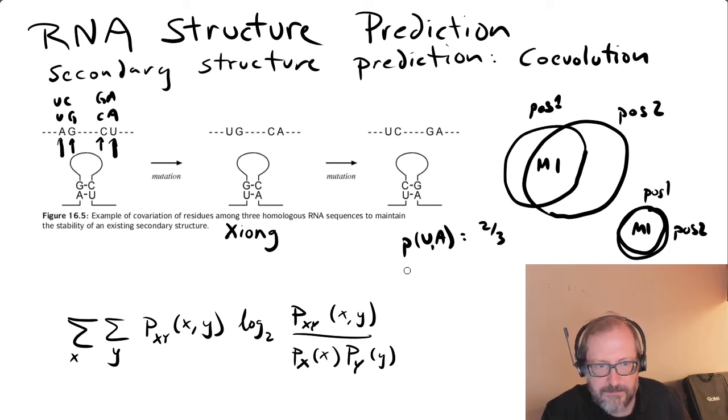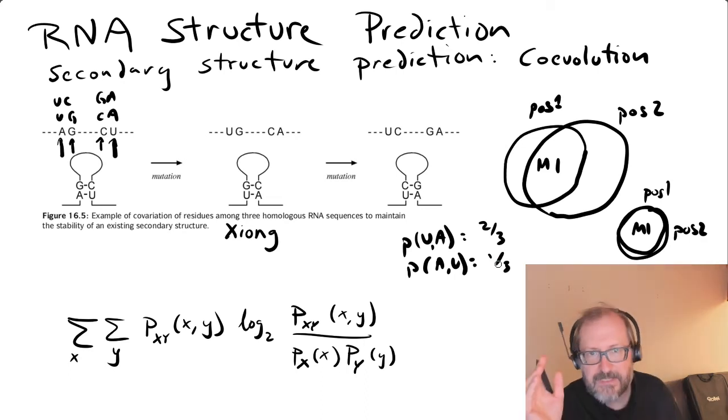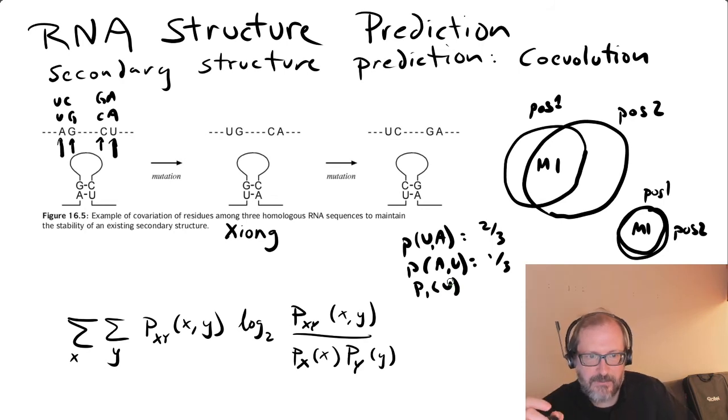And then P of A comma U, that's 1/3. And notice we don't do GC because we do this on the basis of just what we see in those 2 columns, right? You don't need to take into account the other columns. So then you need the marginal probabilities, P of U, and this is the P of U at position 1.